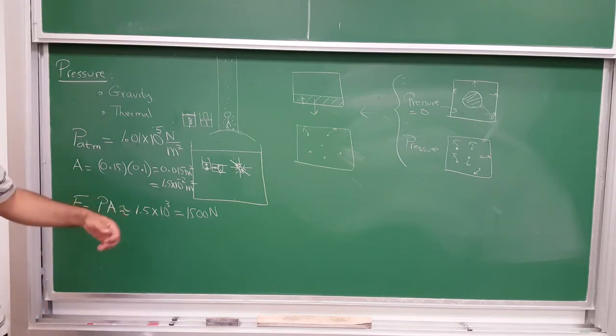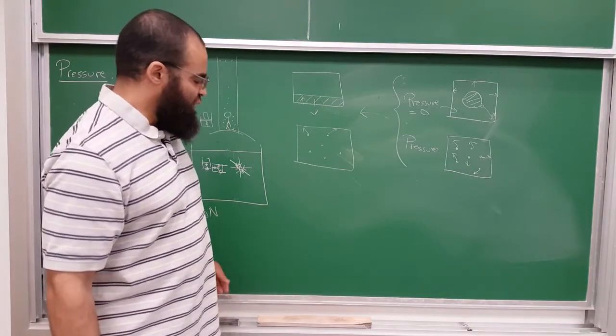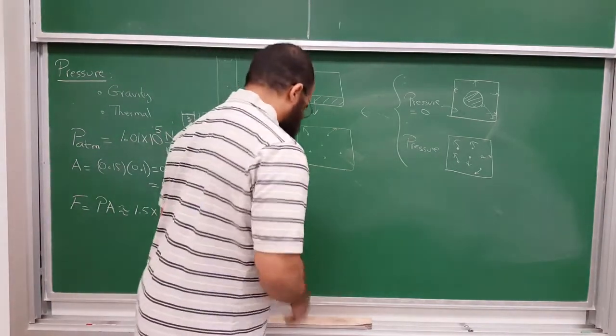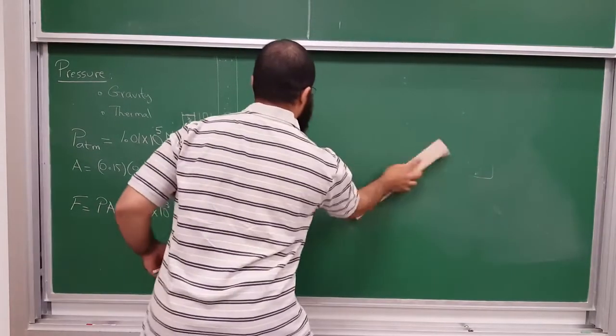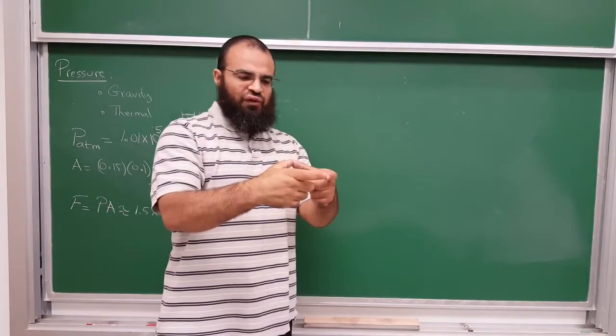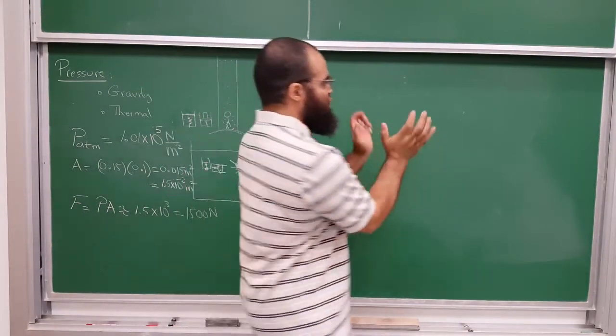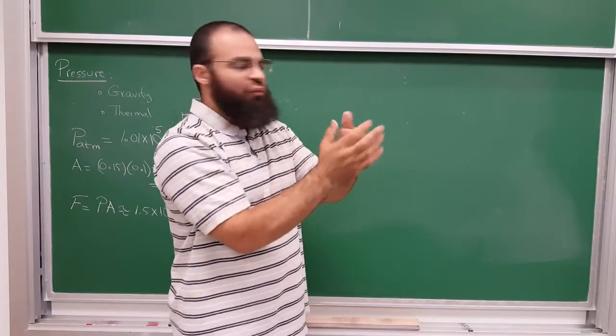And that's how suction works, like those suction cups. For example, let me erase here, just to show you a suction cup. Take one of those suction cups, they're kind of round, and you push it against the wall so it's completely empty from air.